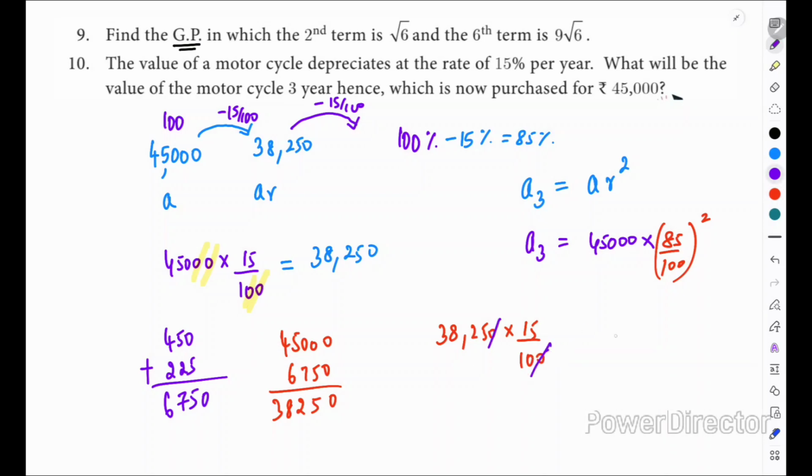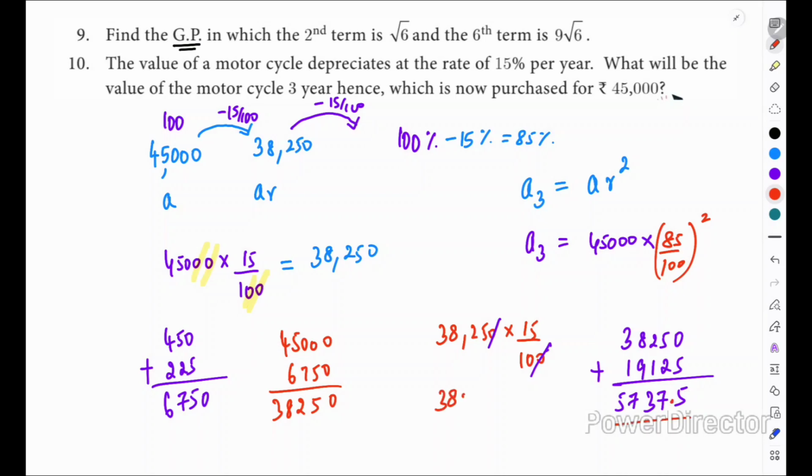So I'll do the same process. 38,250 plus 19125. So how much will I be getting? Basically I'll get 17.5. So divided by 10, so I get a decimal over here.